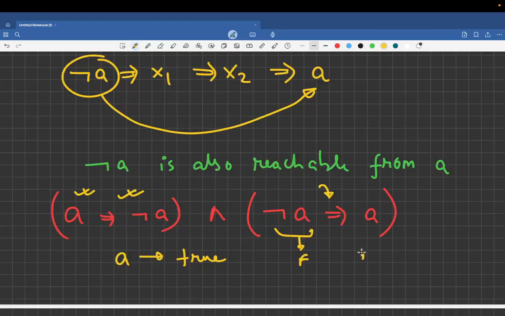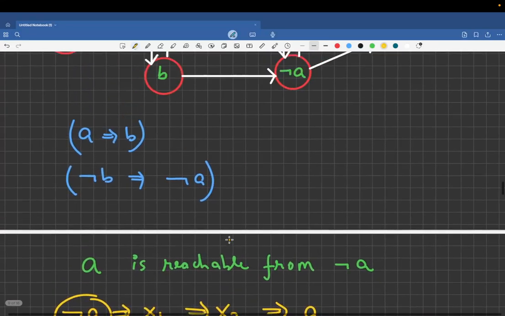Similarly, if we assign A as false, then not A will be true. This implies that A should be true, but we have assumed A to be false, so there is a contradiction. So we can't assign A as true, we can't assign A as false. Both of these assignments are not possible, and hence in that case the solution won't exist.